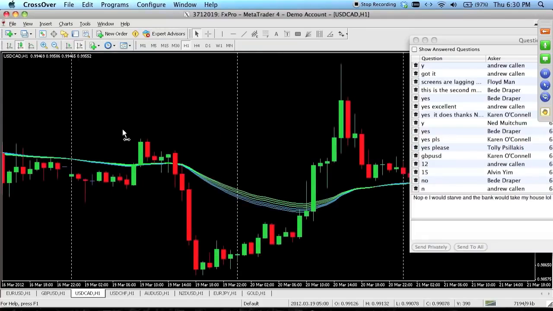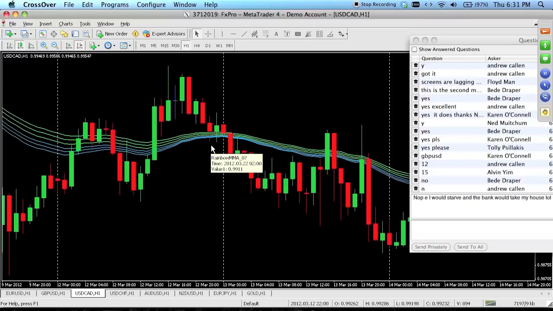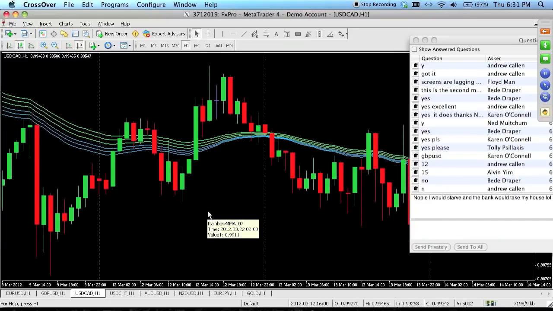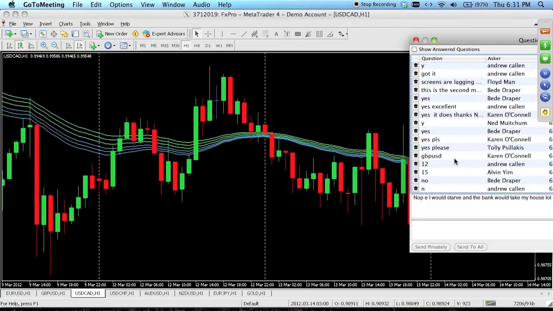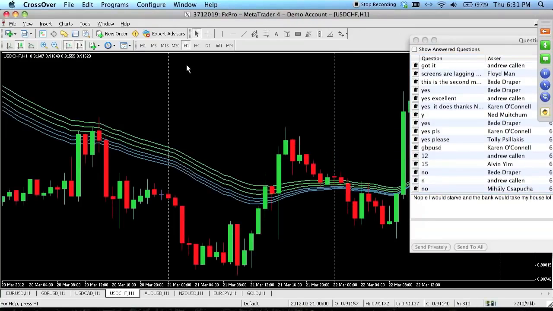US dollar CAD, March 12th. Take a look. Any trades here? Okay, Mihaly says no. Swiss franc, March 12th.